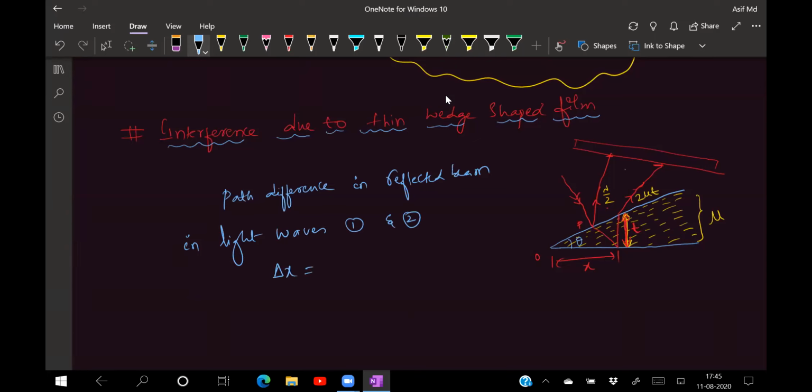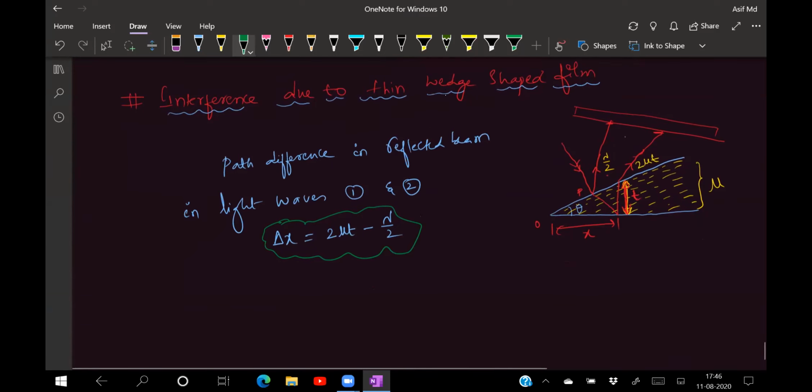Delta x is equal to 2 mu t minus lambda by 2. So this will be your path difference. Is this point clear for everyone? 2 mu t is because of the thin film, and lambda by 2 is because of the reflection from the upper layer. So the path difference is 2 mu t minus lambda by 2.